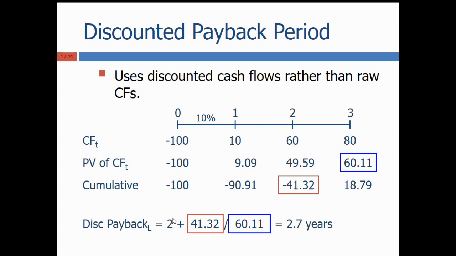So you calculate that it took 2 complete years plus exactly when you got back the money, which would be 2.7 years. That is how long it took for the company to get back the initial investment using discounting, using the time value of money.